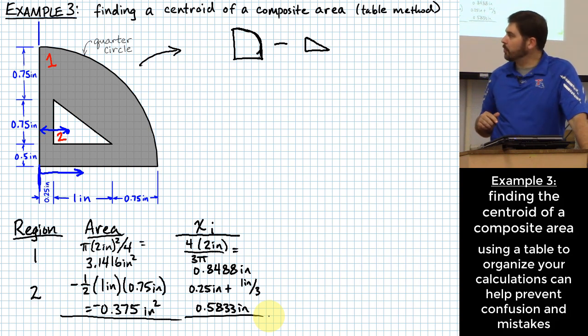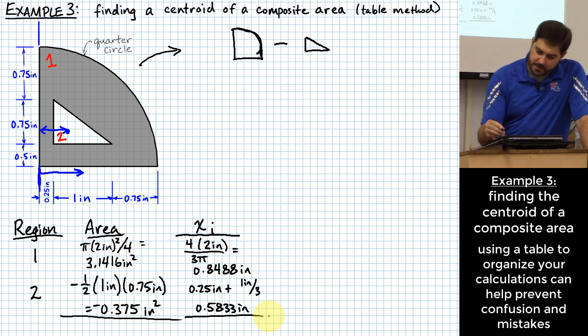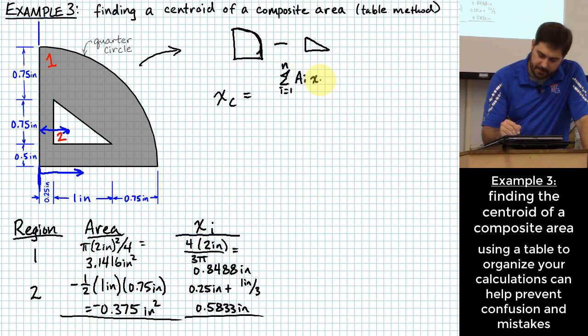Now let me show you what we're going to do with the next step here. We're trying to set ourselves up to easily do this equation to find x sub c, where we're summing up a sub i, x sub i, and in the denominator we're just summing up a sub i.